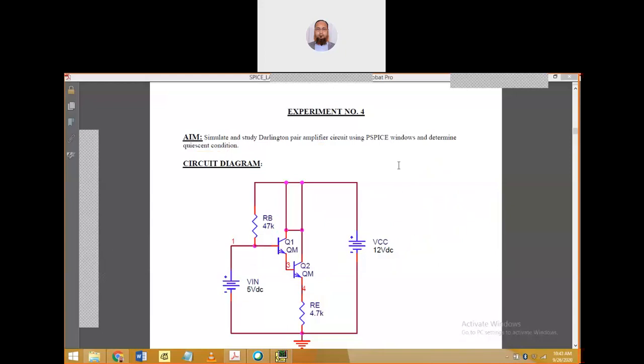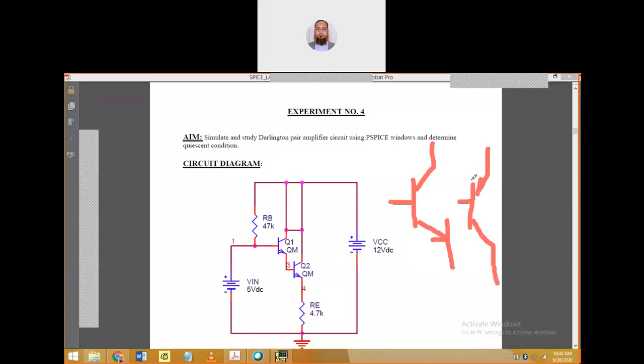You know that a BJT is like this. This is NPN and this is PNP. Let me change the color.